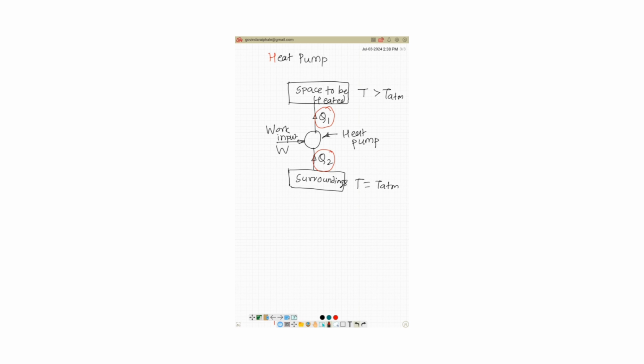Based on this we are going to check the performance of such devices. The performance of the devices will be checked with the help of the coefficient of performance, which is called COP.